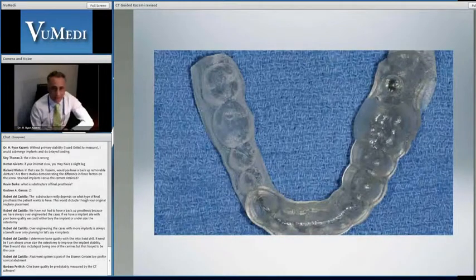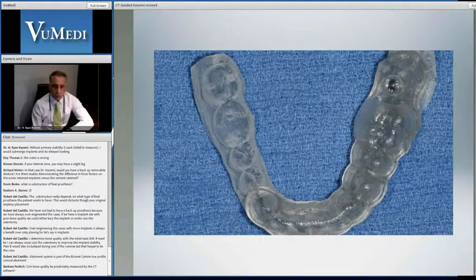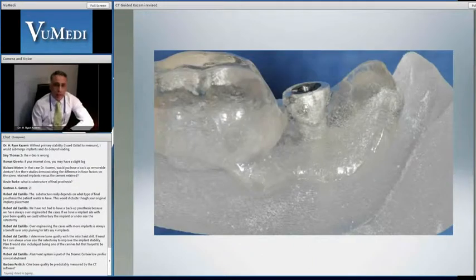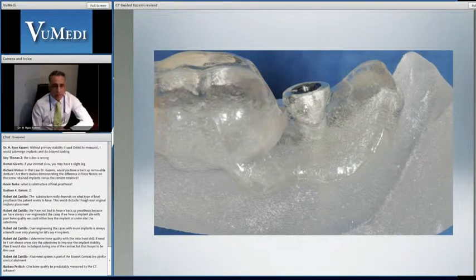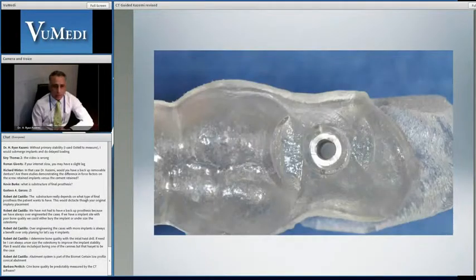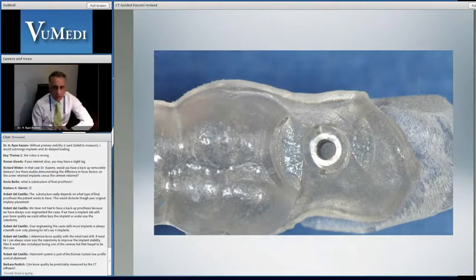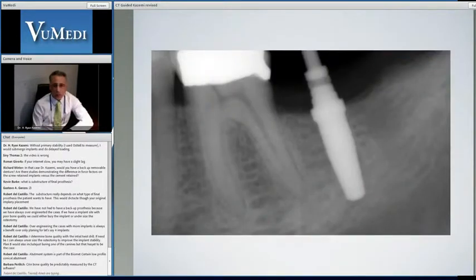So we're going to duplicate that into a tooth-borne surgical guide, and this guide will provide us with the exact trajectory and the angle as planned on our three-dimensional drawing. This guide has a 2.3 millimeter sleeve, which does not allow the surgeon to deviate from exactly what was planned. Again, even a 5 to 10 degree deviation can cause problems with lingual perforation of the bone.